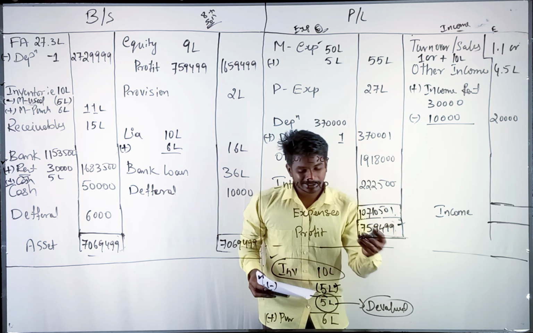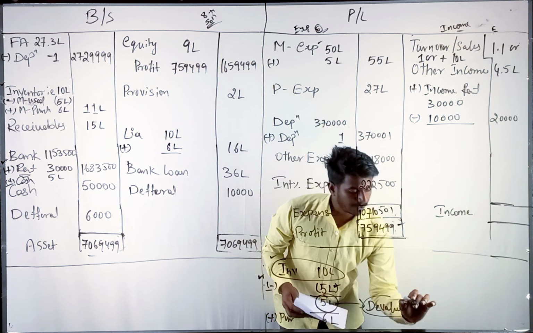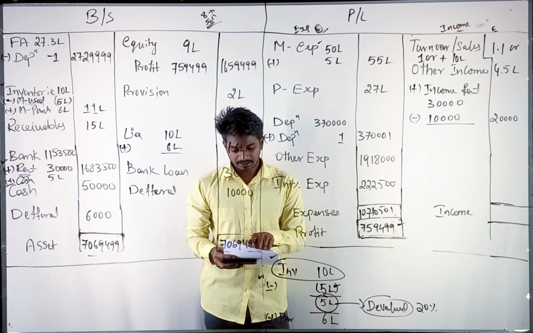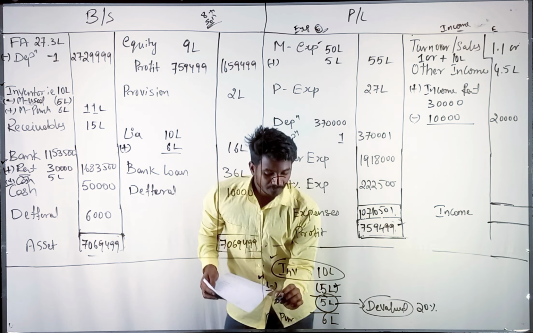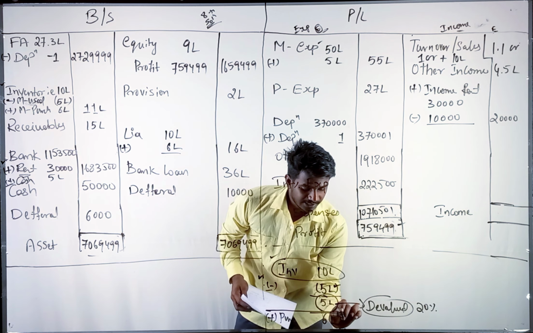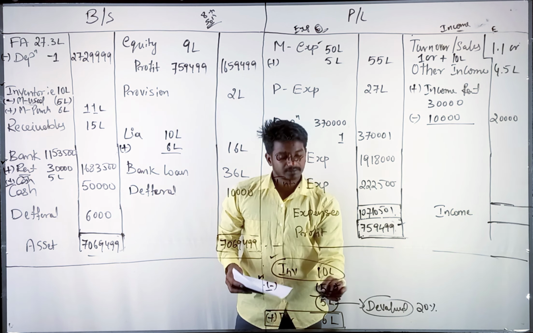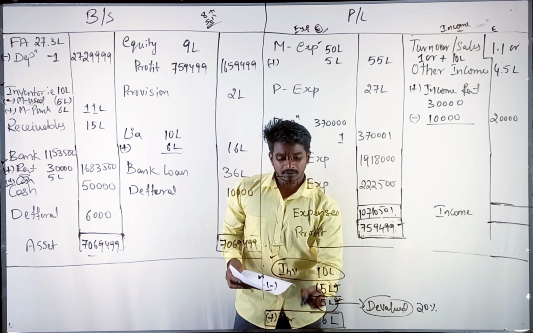Devalued means reducing the stock value by 20%. And then they are saying, but before the additional purchase, we have made additional purchase for 6 lakhs. Before that means they are meaning the 5 lakh rupees only.